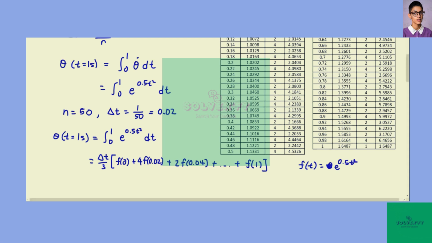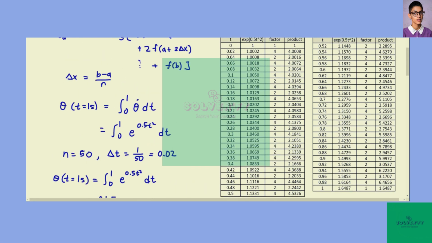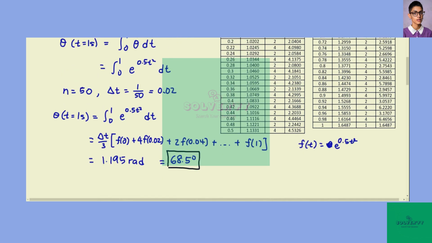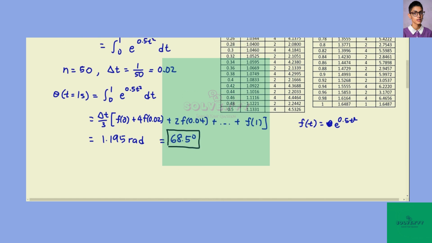You calculate this and get 1.195 radians, which is 68.5 degrees. This is one of the answers we need to find using Simpson's rule. You can just use Excel to generate all these numbers, sum the last column, and you get 1.195 radians after multiplying by delta t over 3.